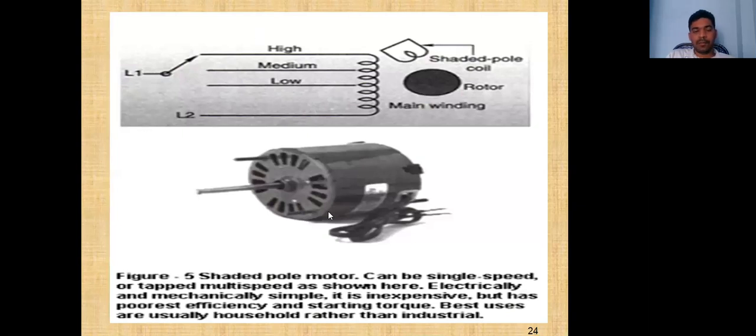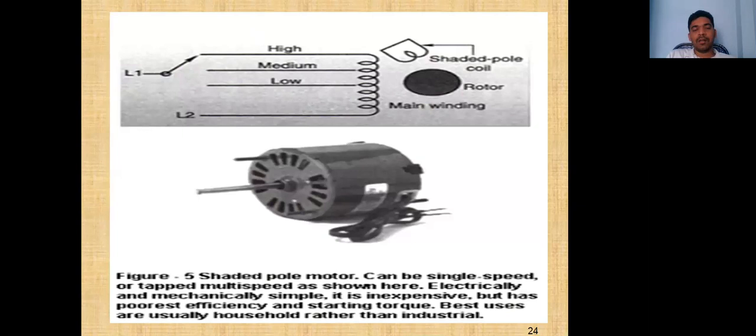Shaded pole motor can be single speed or tapped multi-speed as shown here. Electrically and mechanically simple, it is inexpensive but has poorest efficiency and starting torque.